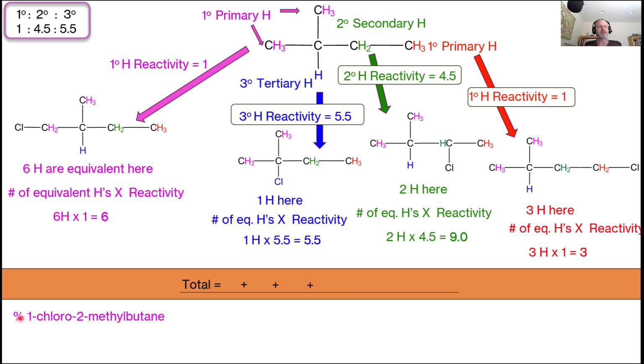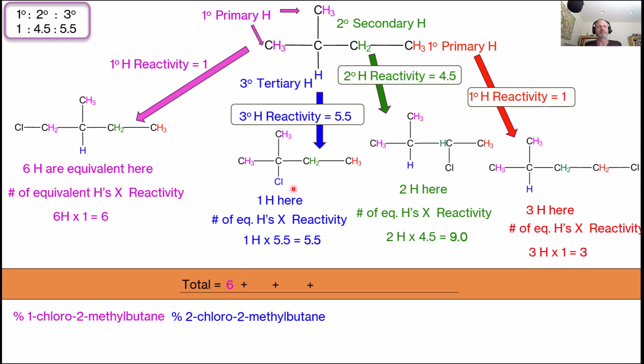So let's see if we can figure out the percent of the 1-chloro-2-methylbutane. We'll have to go through and do some work first. The first thing is to recognize that its contribution to the total number here is 6. If we look at our next molecule, that's 2-chloro-2-methylbutane.